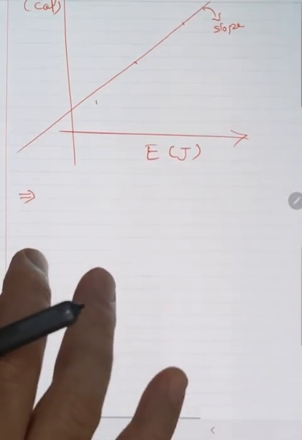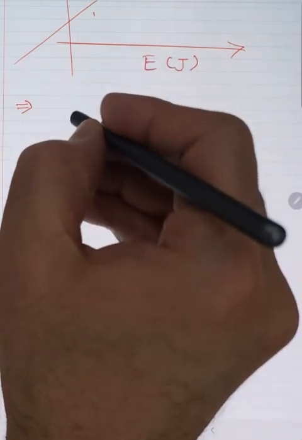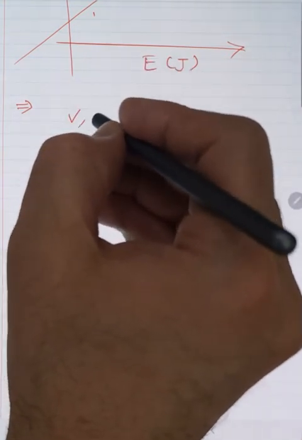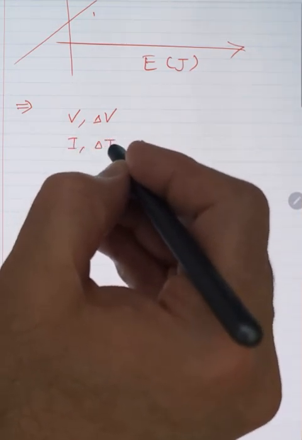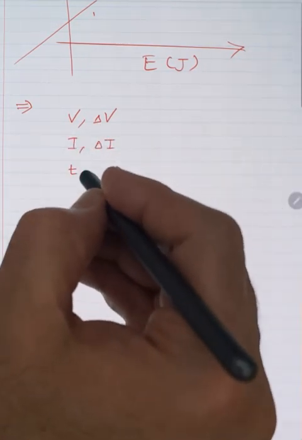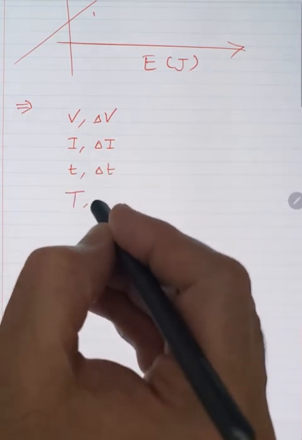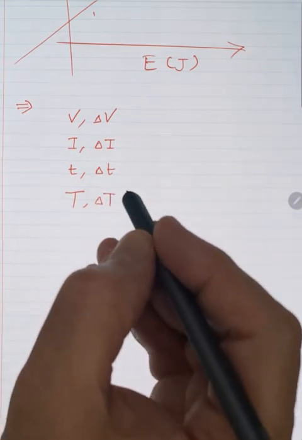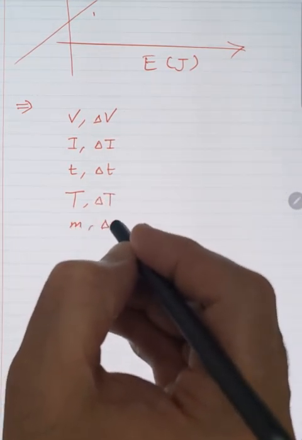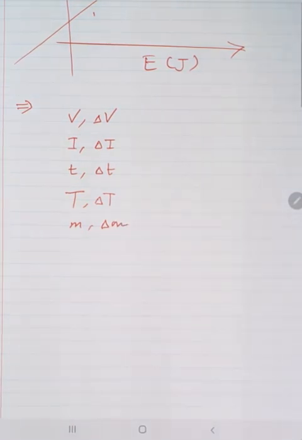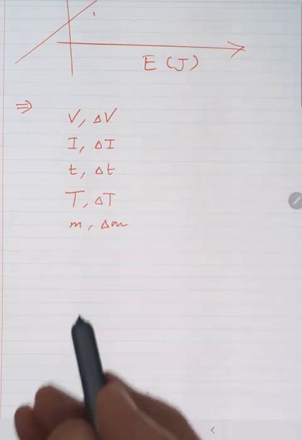Now in this experiment, it is important to know that V has an error, I has an error, t, the time, has an error, capital T, the temperature, has an error, and mass has an error. So all of those things have error.